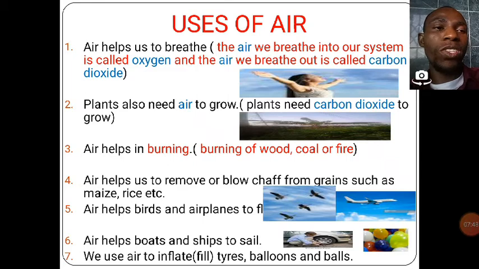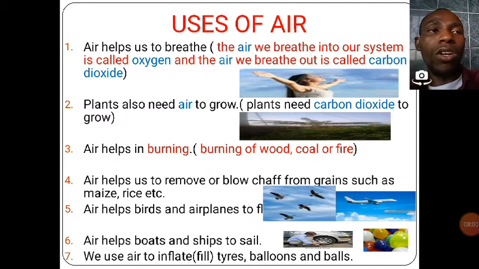Air helps boats and ships to sail. For a ship or a boat to sail swiftly or to float on the sea or other water bodies, they need air. And so we say that air helps boats and ships to sail.